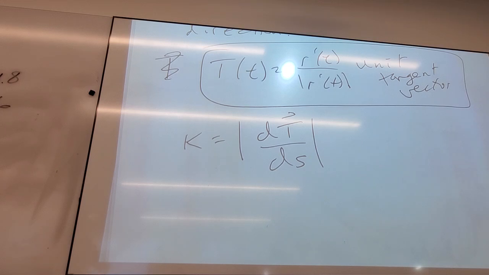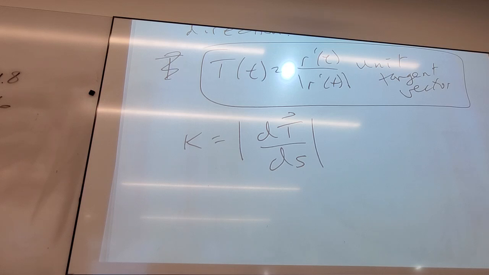All right, real quick. In Calc 1, do you see how T itself is already a derivative? Aren't we taking another derivative on top of that? But with respect to s, correct? So it's not a pure second derivative, but in one sense, it is a second derivative. Do you see that? T is a derivative of r, correct? Am I not doing another derivative of T?